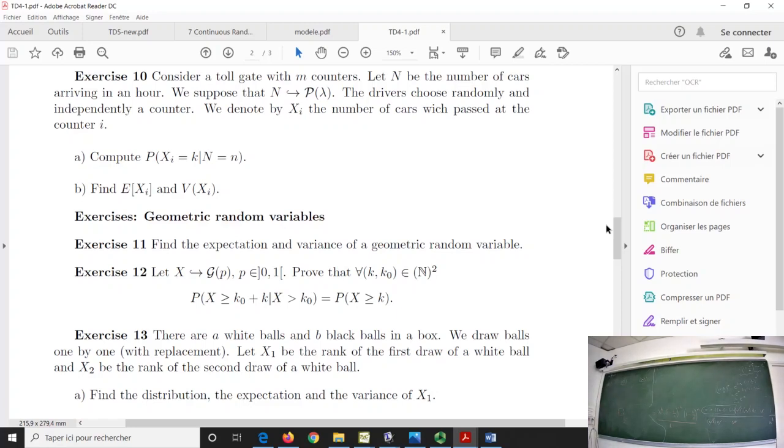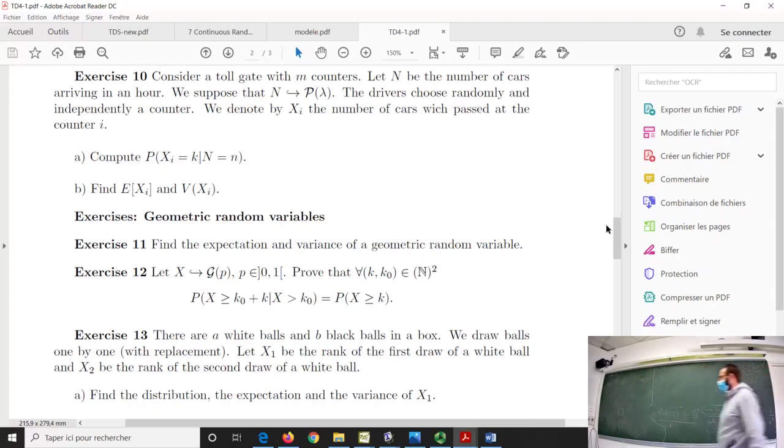It arrives, and we suppose that you choose randomly a counter, and independently. So you have cars this way, one by one, and they are going to choose randomly a counter, 1, 2, or i or m, and this is done randomly.